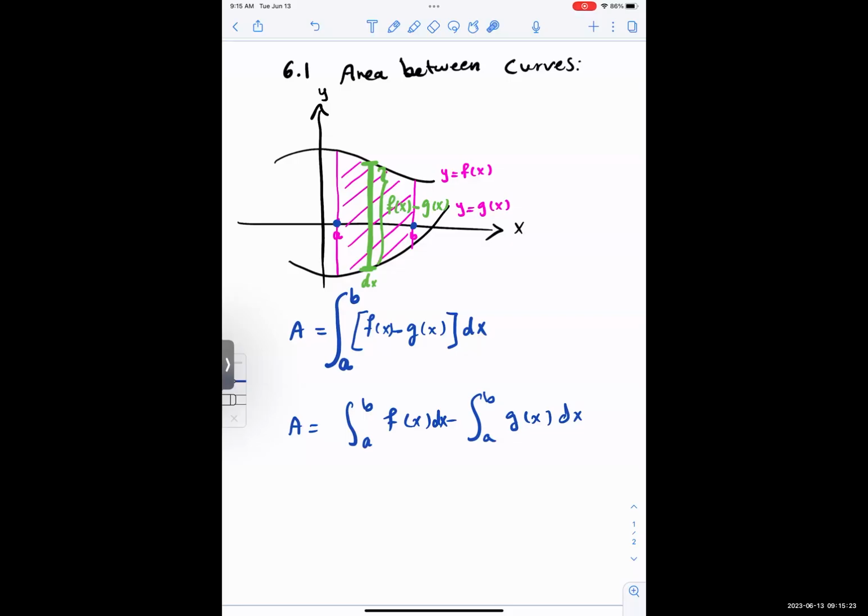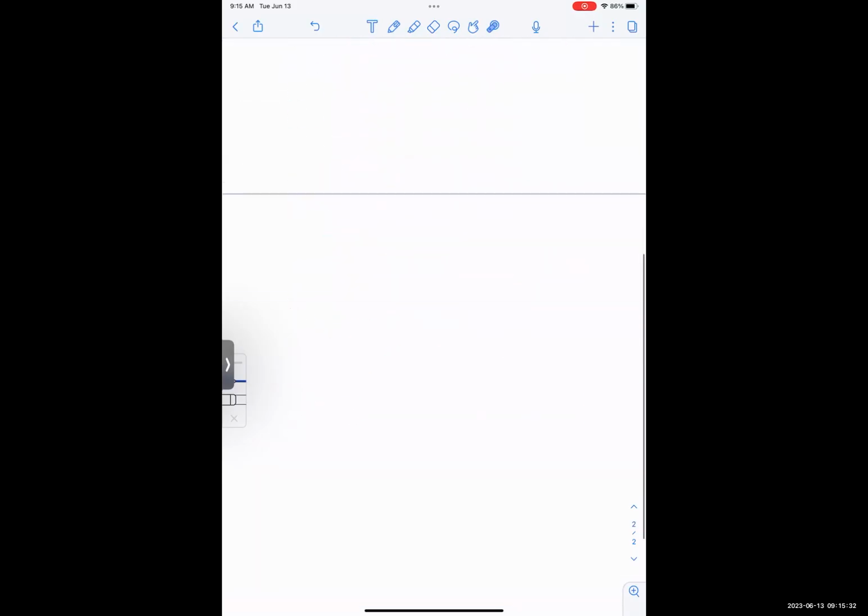Okay, let's confirm our equation with a more sensible example, and then we're going to expand the examples to different types of graphs. So example 1 for today.